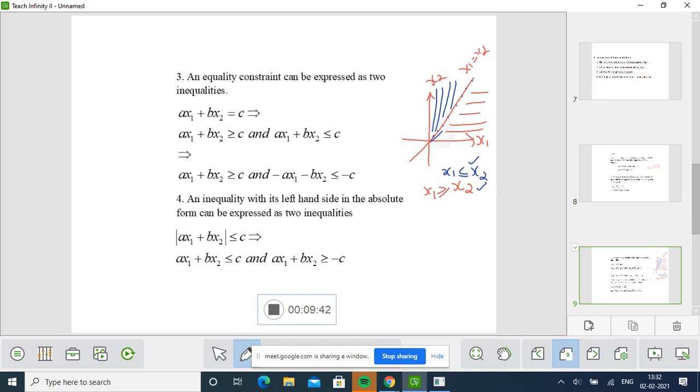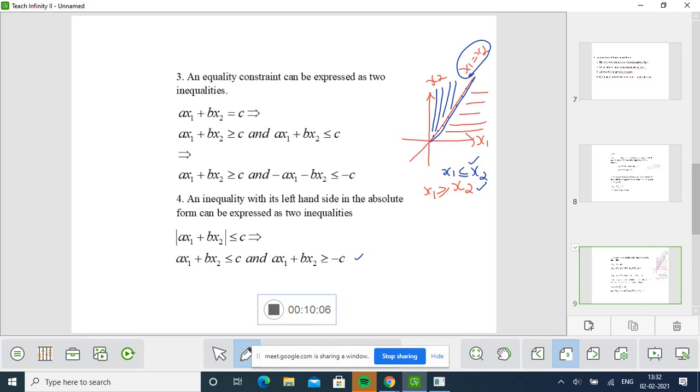It is only this particular straight line. That means it is nothing but the equal to notation. So if you want to change this equality to inequality, very easily you can rewrite it using both the greater than or equal to and the less than or equal to inequality, then you will get equal to.